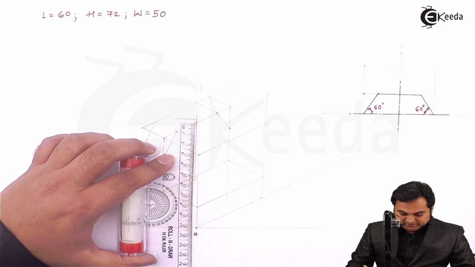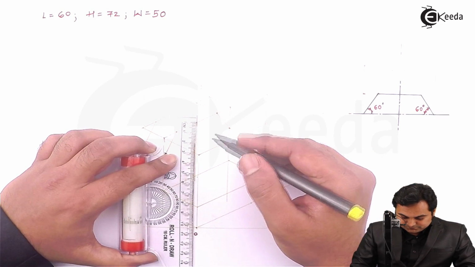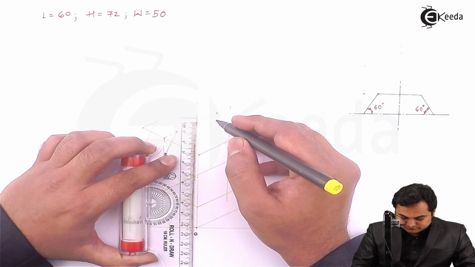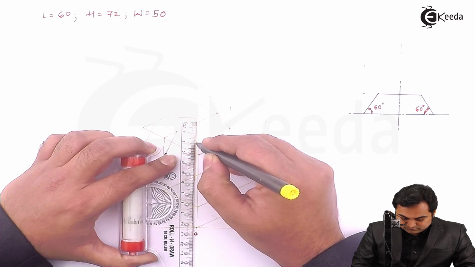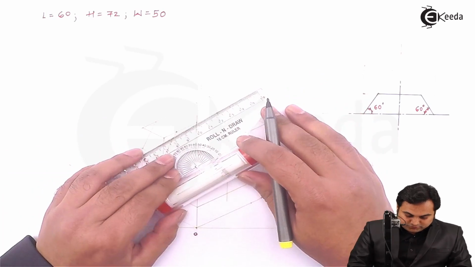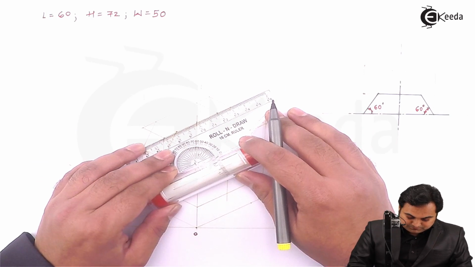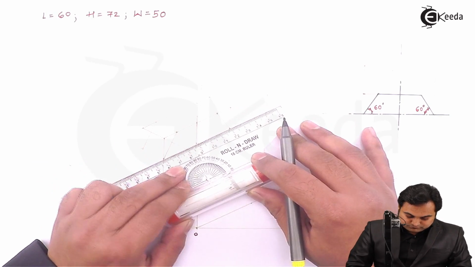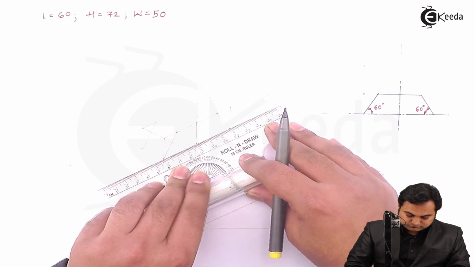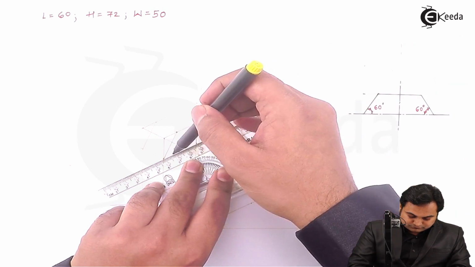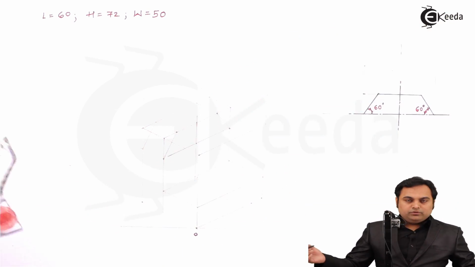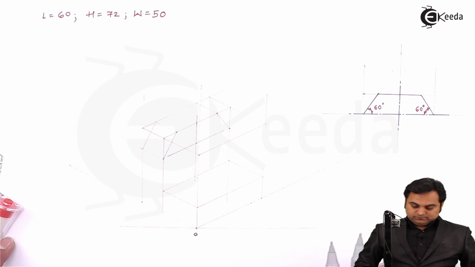So measuring 20 mm distance, and then drawing a parallel line through it. Now here I am getting that center.